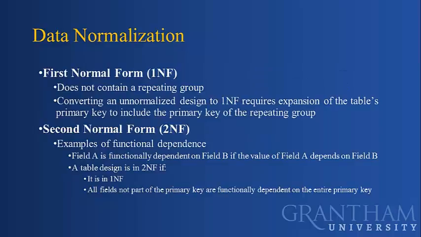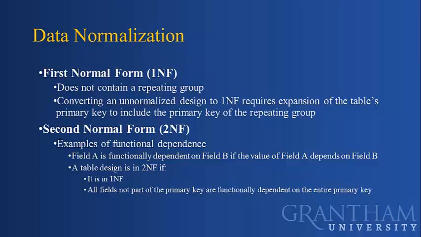First normal form does not contain a repeating group. Converting an unnormalized design to first normal form requires expansion of the table's primary key to include the primary key of the repeating group.